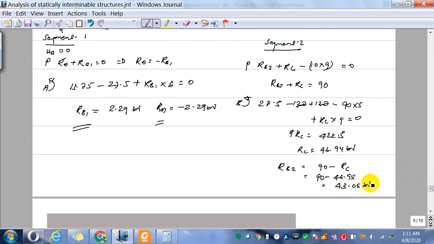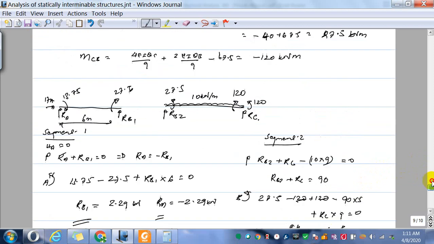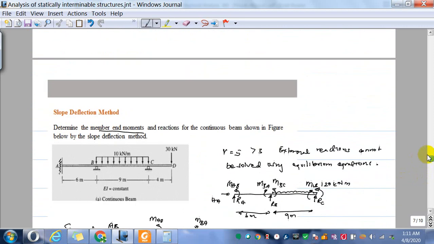So these are the reactions and the moments for the members. So member end moments and reactions we have calculated.